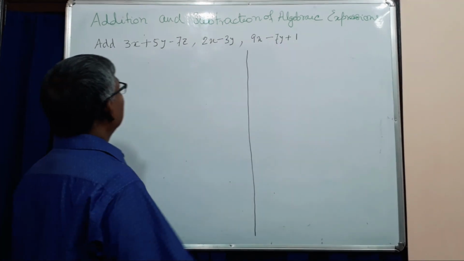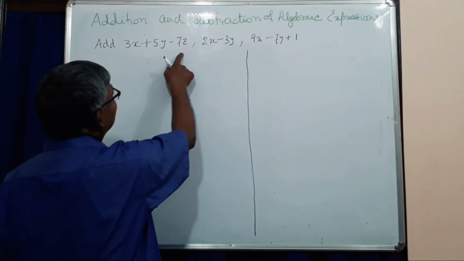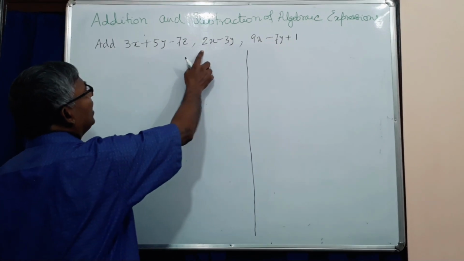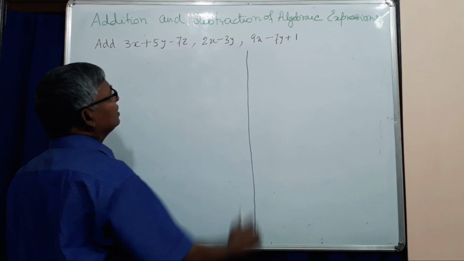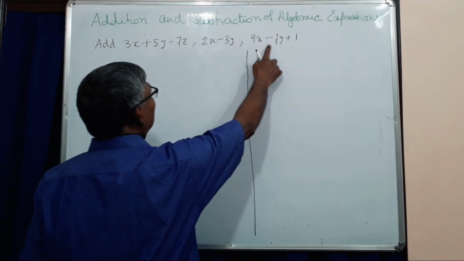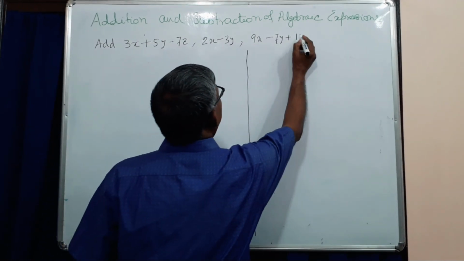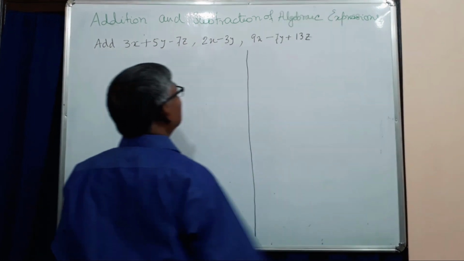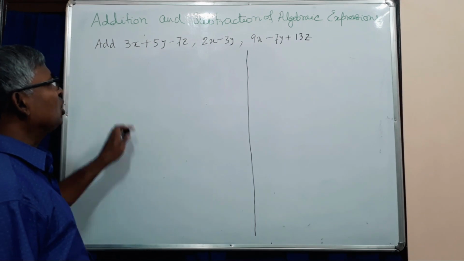Now let us add the three algebraic expressions: 3x plus 5y minus 7z, 2x minus 3y, 9x minus 7y plus 13z. Let us follow the two methods.